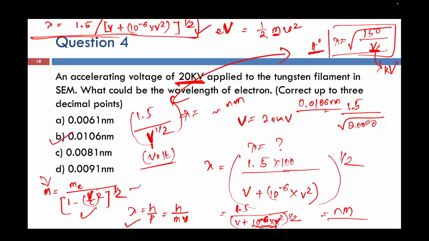This is equation 1, this is equation 2, this is equation 3, and considering 1, 2, 3 you will get this equation. But now 10 to the power minus 6 is there, so we neglect that, and from here we get 1.5 divided by v to the power 1 by 2. So that will be your lambda, and here v is the accelerating potential.